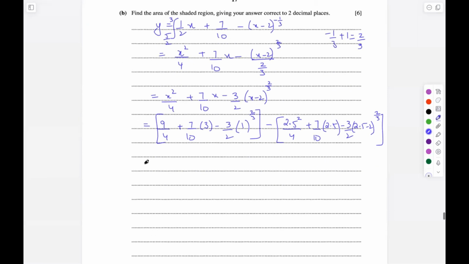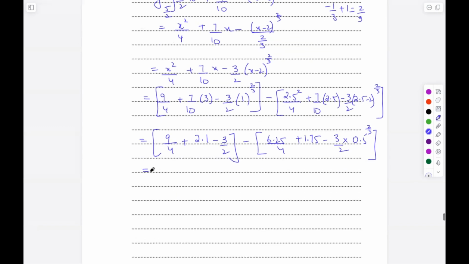Substituting these values in the calculator, this will become 9 upon 4 plus 2.1 minus 3 upon 2, minus 6.25 upon 4 plus 1.75 minus 3, and 2.5 minus 2 will be 0.5 to the power 2 upon 3 divided by 2.